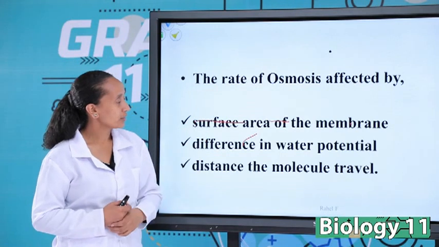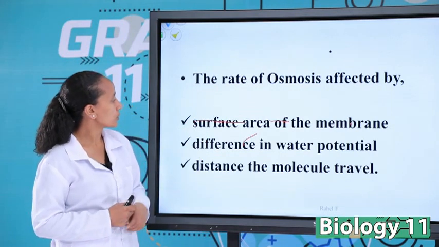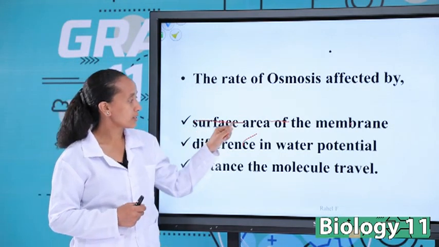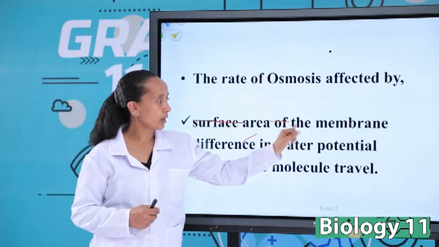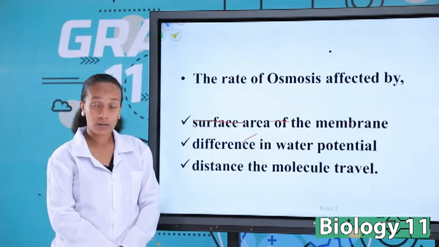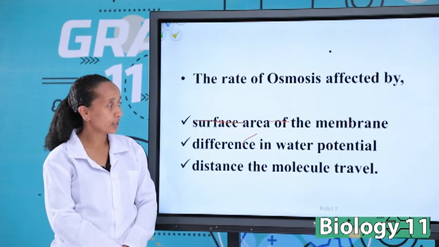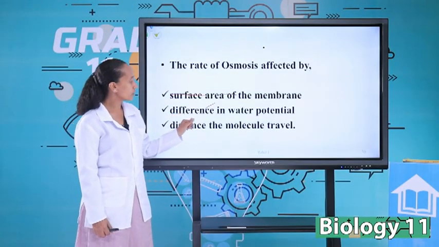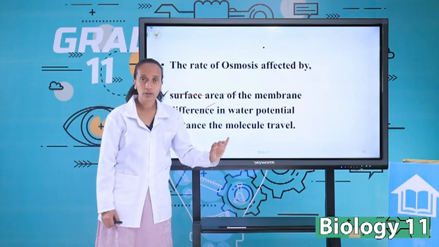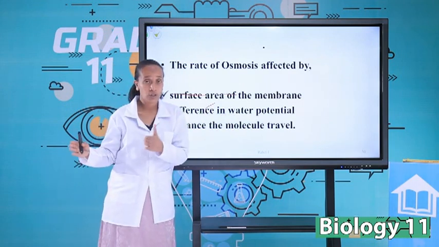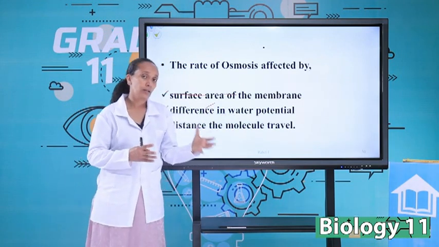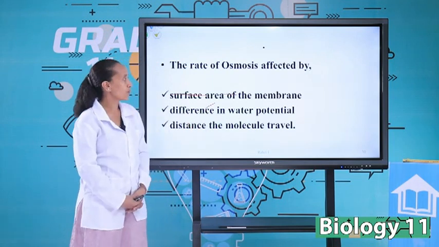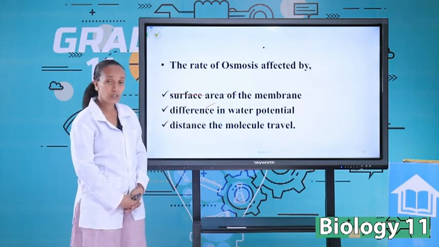The factors that affect osmosis are the surface area of the membrane, which affects the rate of osmosis, and the difference in water potential between the two areas, outside the cell and inside the cell.